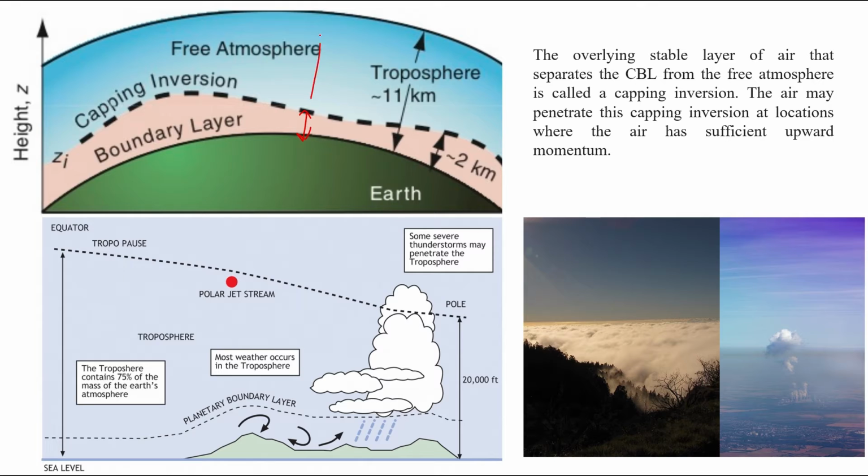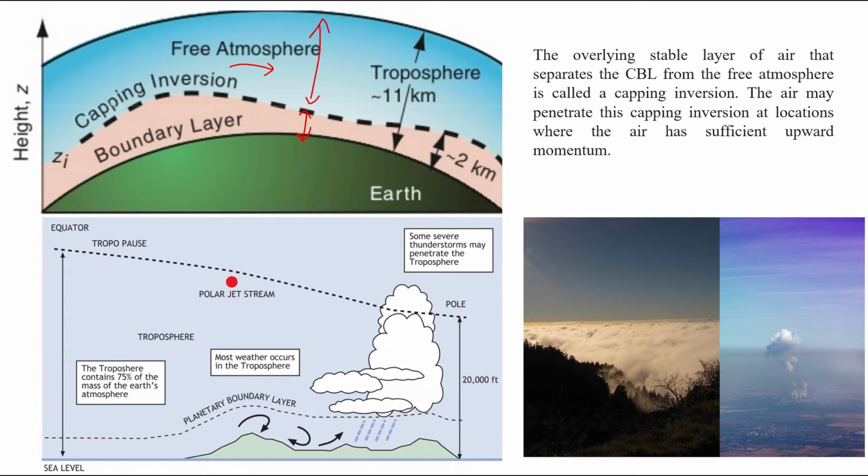And the one above is called the free atmosphere, where we are getting undisturbed air, like a uniform flow, and in between this boundary layer and the free atmosphere, there is a capping inversion. Inversion mostly refers to temperature inversion. In the capping inversion, even on a normal day we can see it.